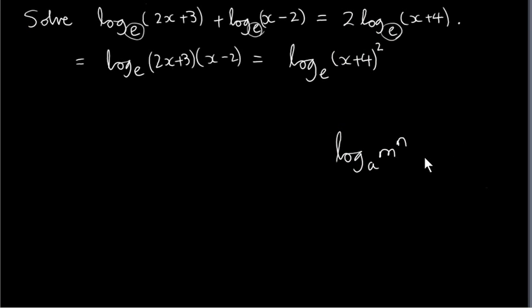So we get n log to the base a of m. So this is the rule that I'm using here. So n is actually 2, and we can bring it up here if you like. So we get m to the power of n, or x plus 4 to the power of 2.